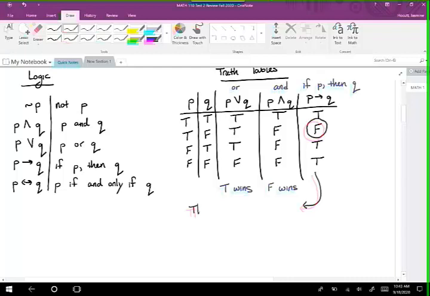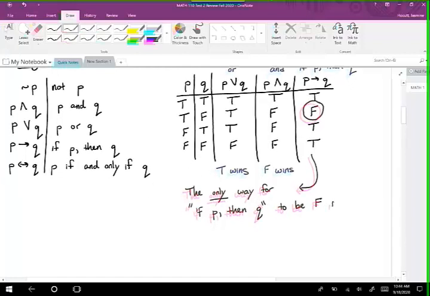What this says is that the only way in which the statement if P then Q is false is in that one particular combination where you have T going to F. In that second row, P is true, Q is false, and the if P then Q statement is false.